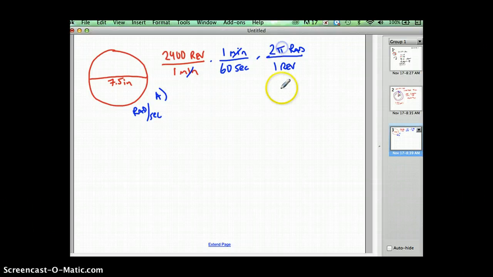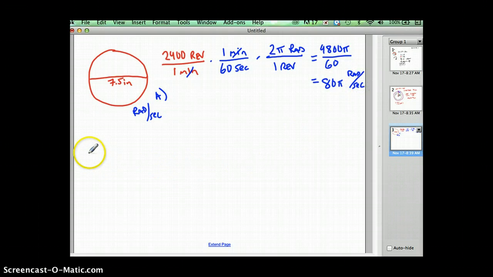There's 2 pi radians. So we multiply across the top, 2,400 times 2 pi, that's 4,800 pi, divided by 60. And you get 80 pi, and it's radians per second.